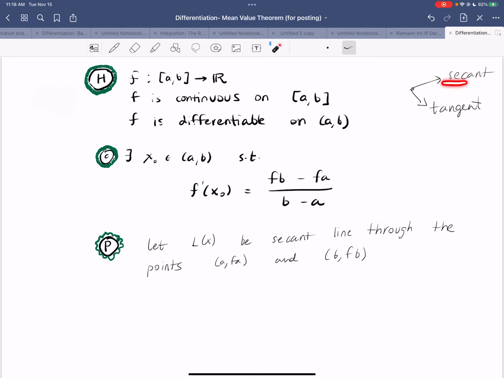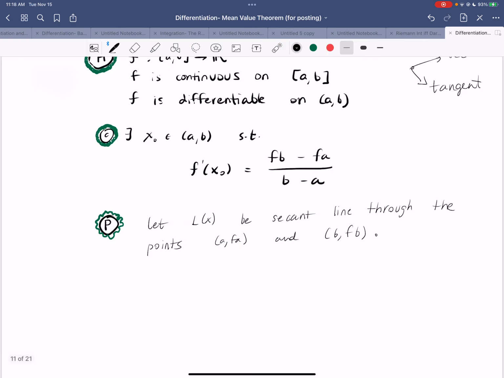So that SEC, like secede: if you have a country and parts of it are seceding, they're pulling away. So to cut, SEC, cuts. The secant line cuts the function. The tangent line is really close to the function; it hugs the function and stays close to it. The secant line cuts the function, okay? So let L(x) be the secant line through these 2 points, okay?